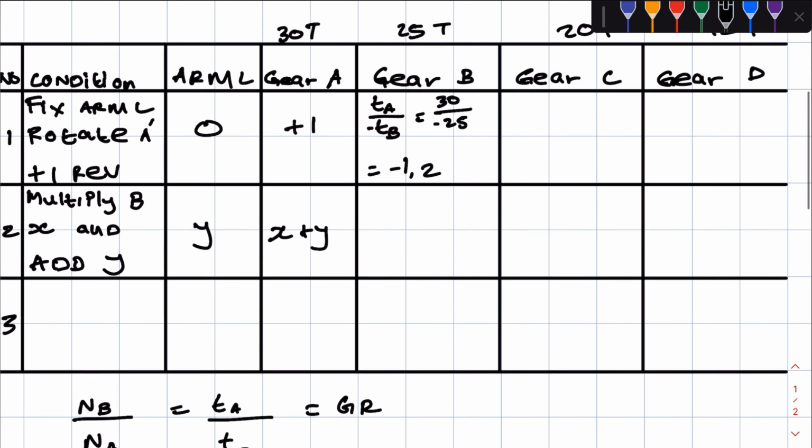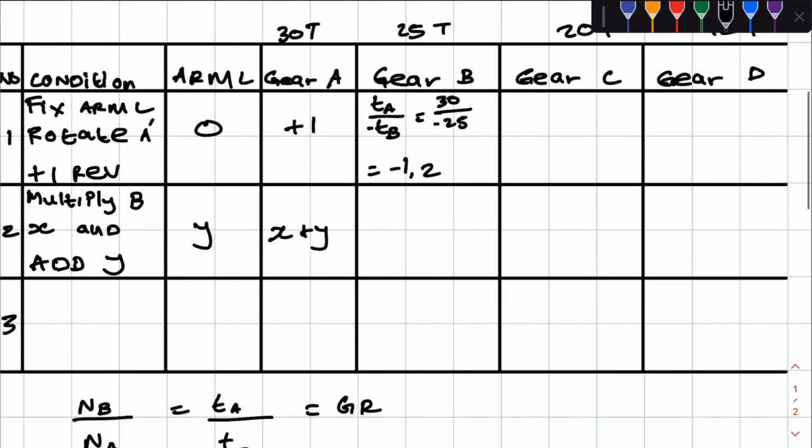Now we look at the rotational frequency for gear C by again equating conditions 2 and 3 under gear C. So NC is equal to 1.5x plus y. Let's just confirm that.